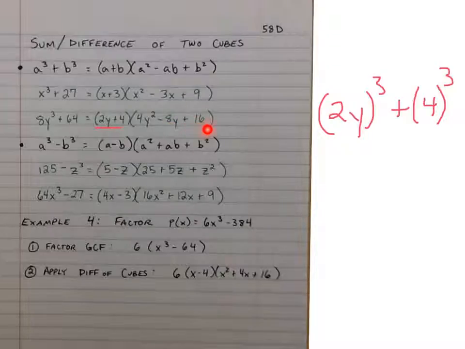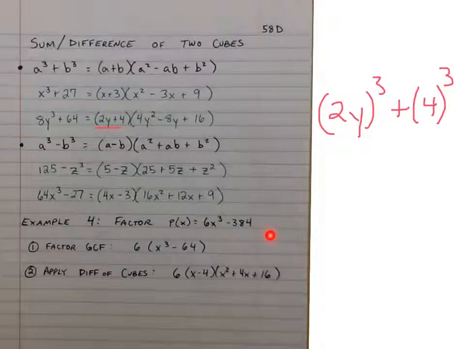The difference of cubes looks very similar, and it's easy to get these two formulas mixed up. So it would benefit you to practice these a couple times more than normal, just so you can see the difference between the two of them. But the process is still pretty much the same.